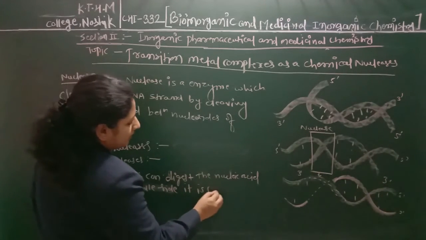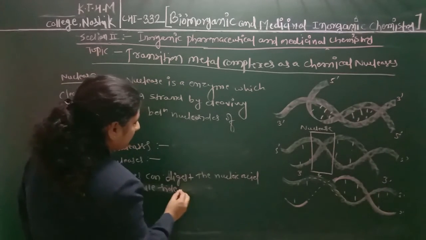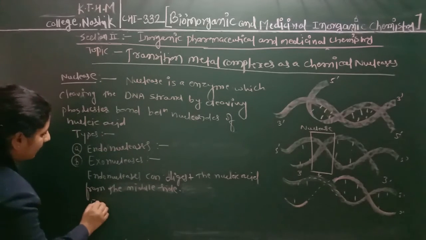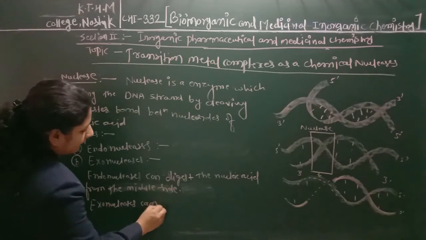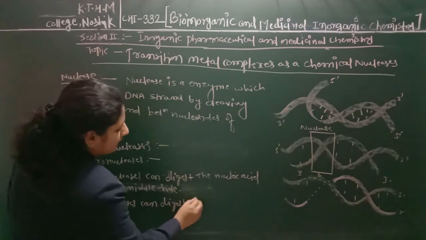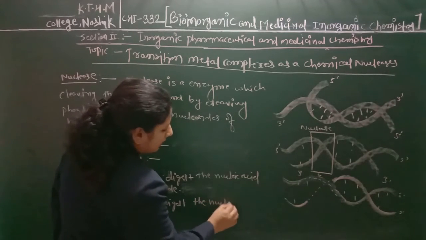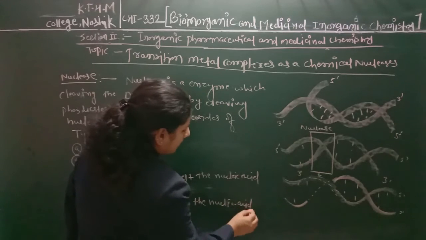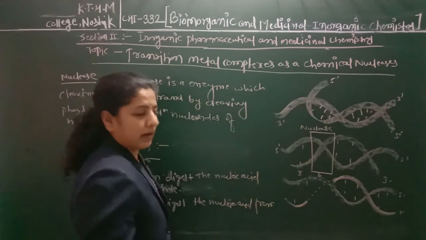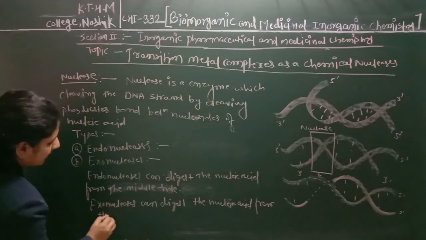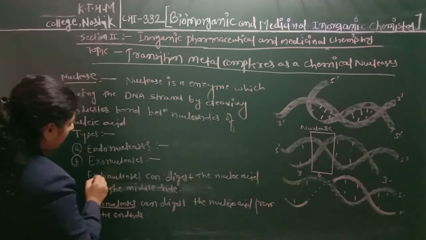Whereas exonucleases can digest the nucleic acid from the outside. So this is endo and exo.